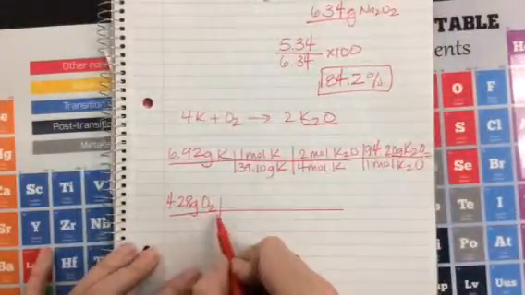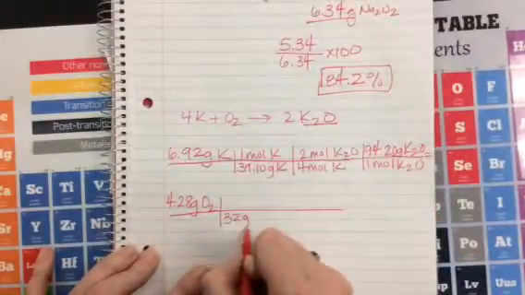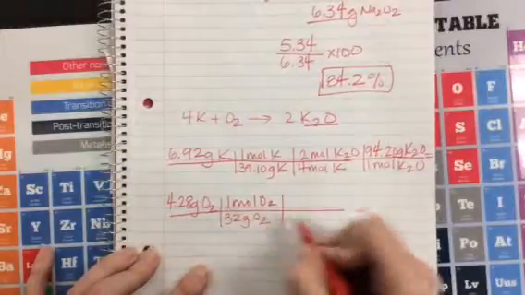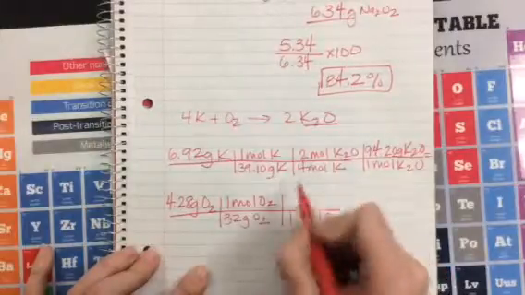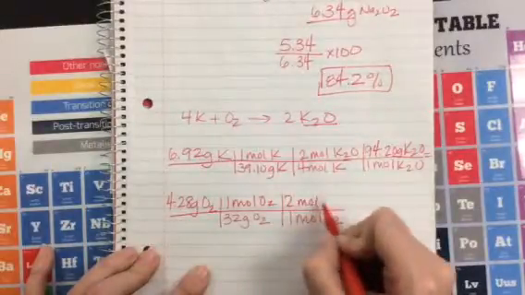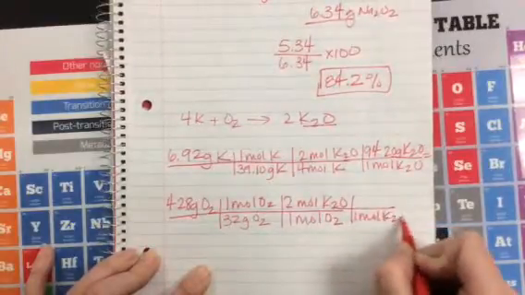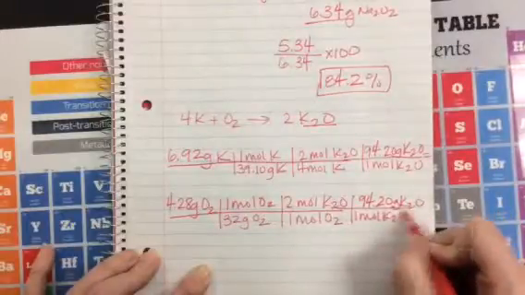But first I want to take my grams of oxygen and figure out how many grams of product I can make. So 32 grams of oxygen is the mass of 1 mole of oxygen. Then 1 mole of oxygen will produce 2 moles of the potassium oxide. 1 mole of potassium oxide has a molar mass of 94.20 grams.